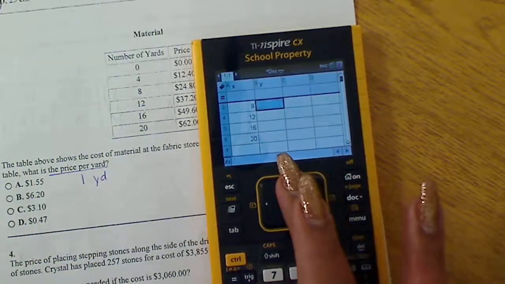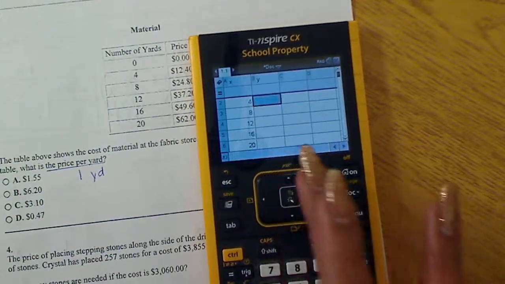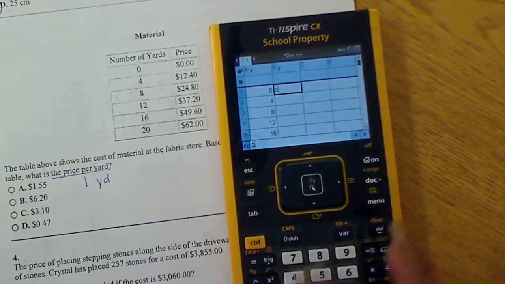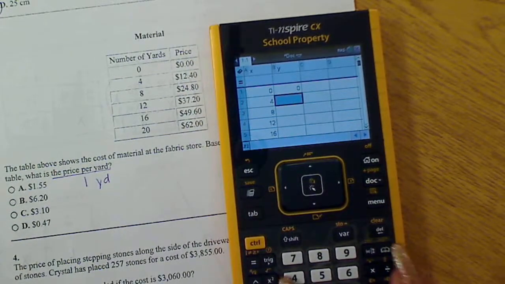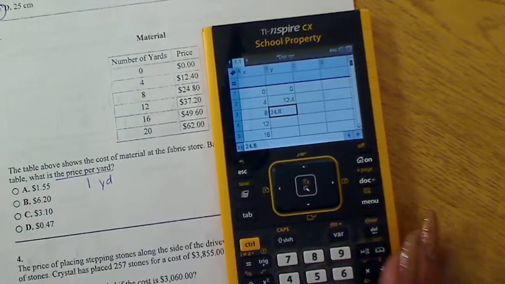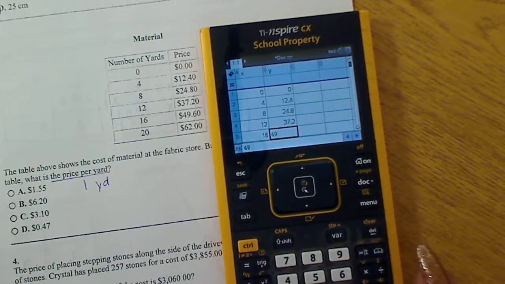My Y's: 0, 12.4. You don't have to put that dollar sign in there. Just put in the decimal. 24.8, 37.2, 49.6, and 62.